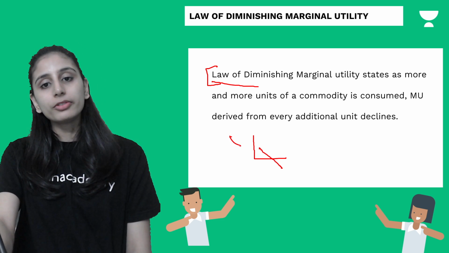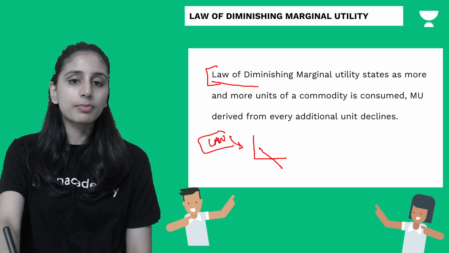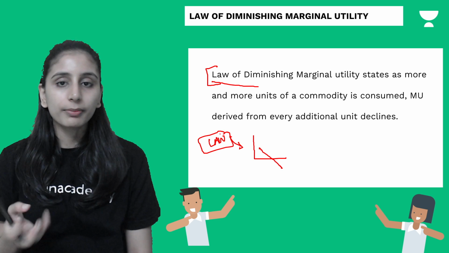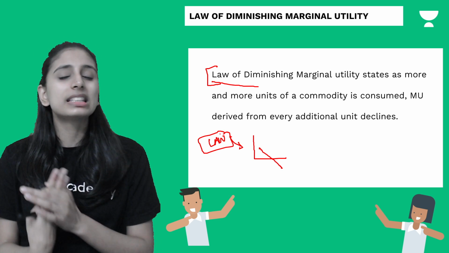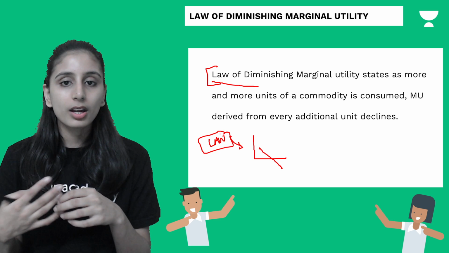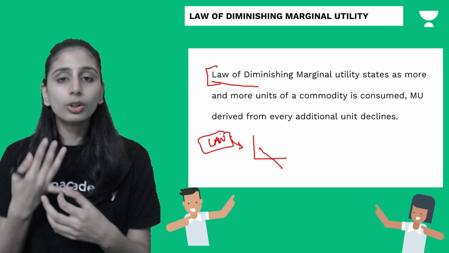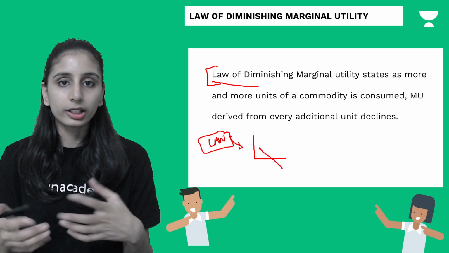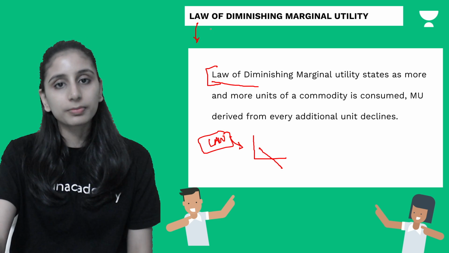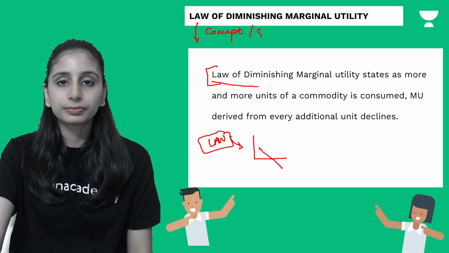वही हमारा लॉ ऑफ डिमिनिशिंग मार्जिनल यूटिलिटी, हर एक लॉ का हमारा स्टेटमेंट होता है, कुछ असम्पशन होती है, उसका ग्राफिकल रिप्रेजेंटेशन होता है, उसकी एक टेबल होती है। ठीक है, तो ये सारी चीजें हम किसी भी लॉ में, जैसे हम इकोनॉमिक्स में, माइक्रो इकोनॉमिक्स में काफी पढ़ेंगे, देयर विल बी वेरियस लॉज। तो यू शुड नो कि व्हाट ऑल थिंग्स ए लॉ इंक्लूड्स। तो यहाँ पे इन माइक्रो इकोनॉमिक्स इट विल इंक्लूड कॉन्सेप्ट, or in other words we can say a statement.